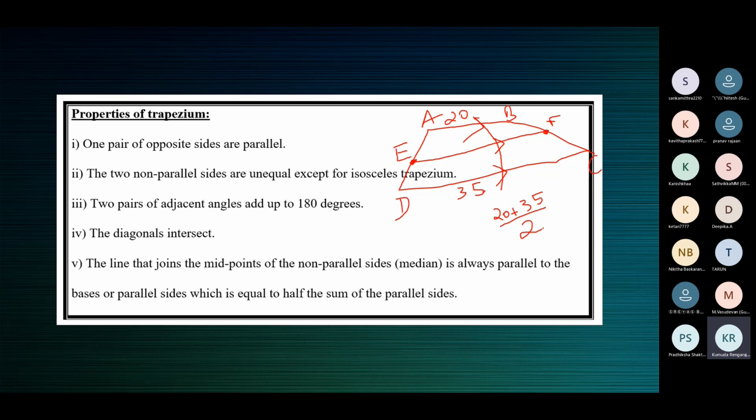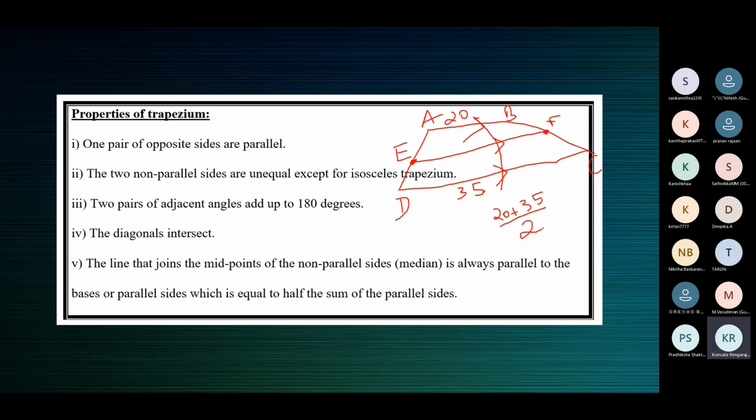The length of EF is 27.5. It will be half the sum of the lengths of the parallel sides. Add the lengths of the parallel sides, 20 plus 35, half of that.